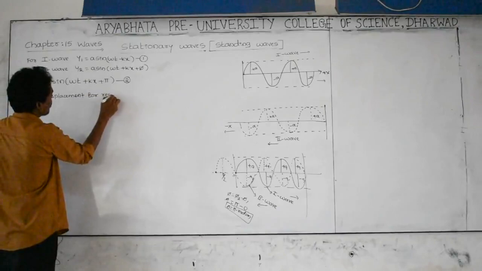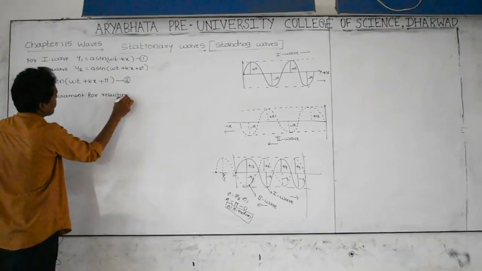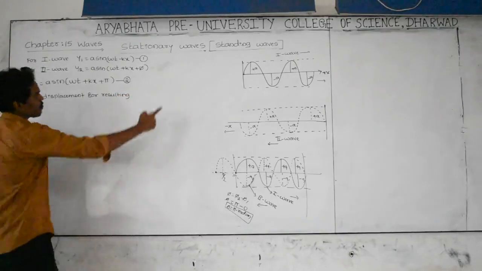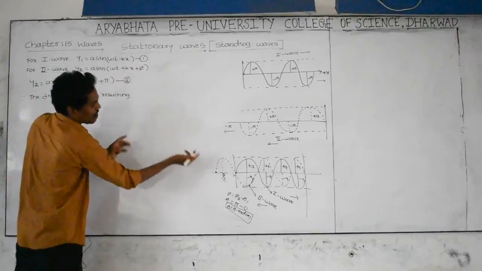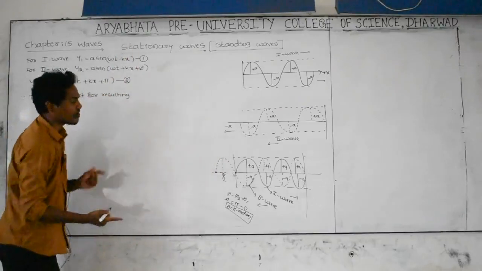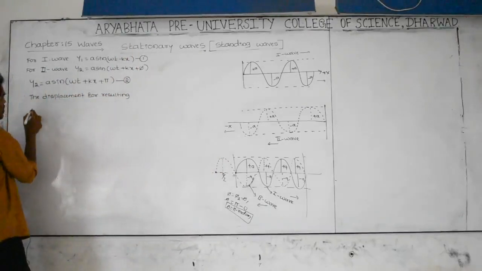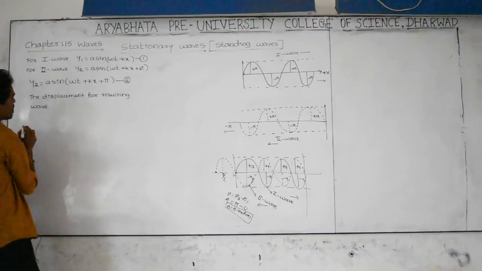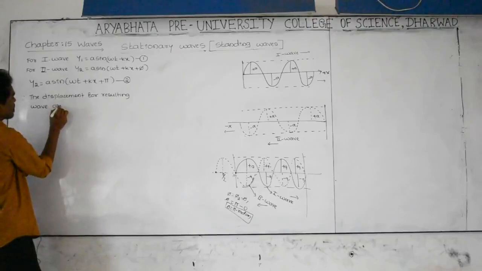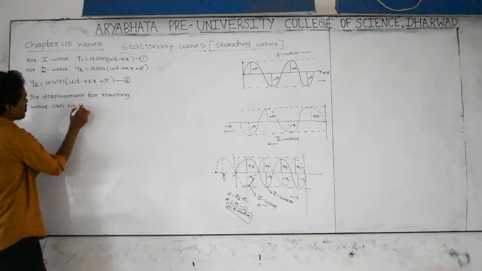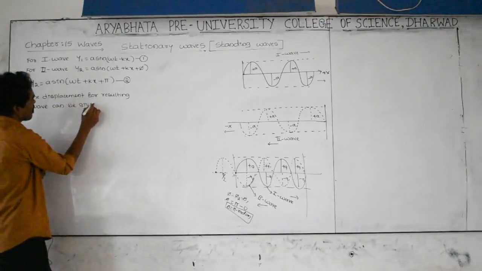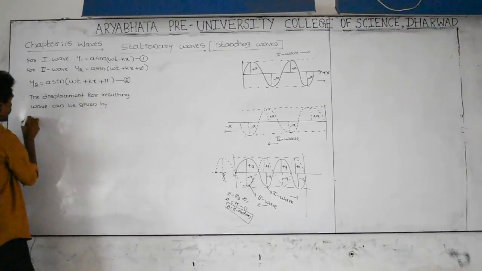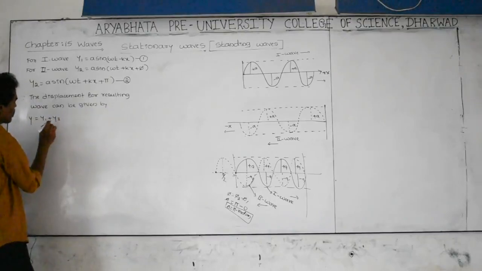for the resulting wave. Which is the resulting wave? This stationary wave is the resulting wave. The progressive waves added together give the resulting wave, called a stationary wave. Its displacement can be given by y is equal to y1 plus y2.